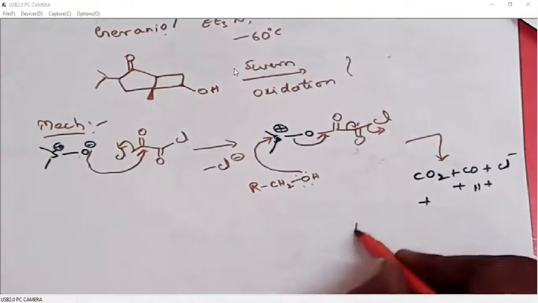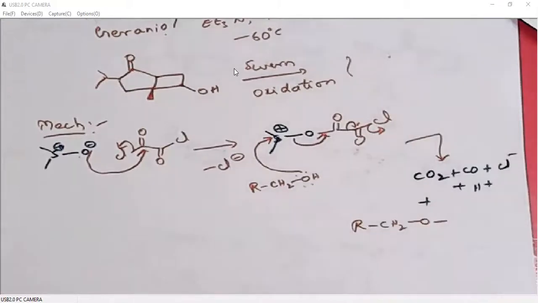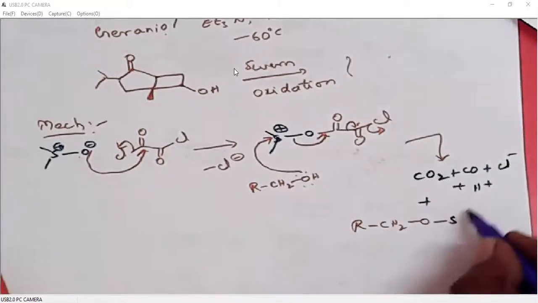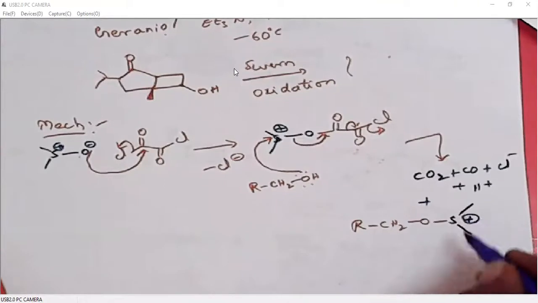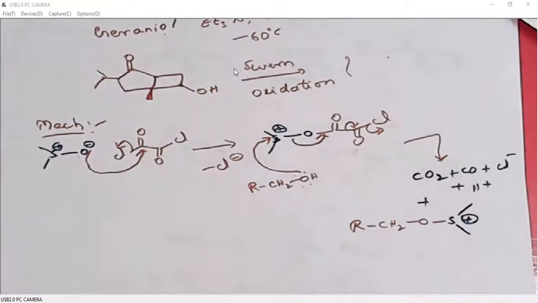What is our compound? RCH2O, and there is a bond between oxygen and sulfur. So this is the first step, bond formation between alcoholic oxygen and sulfur.